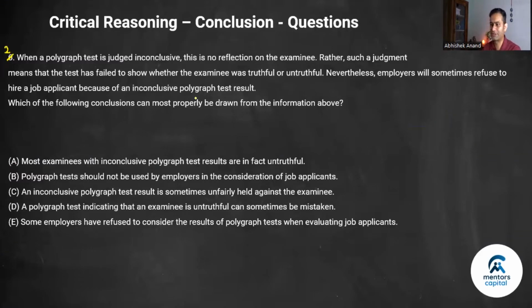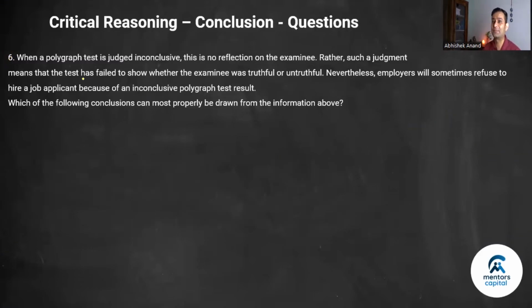Okay, guys. So first of all, what is the subject of this paragraph? The subject of the paragraph is not polygraph test, but inconclusive polygraph test. Right? Polygraph test is a bigger thing, but one part of it is inconclusive polygraph test.